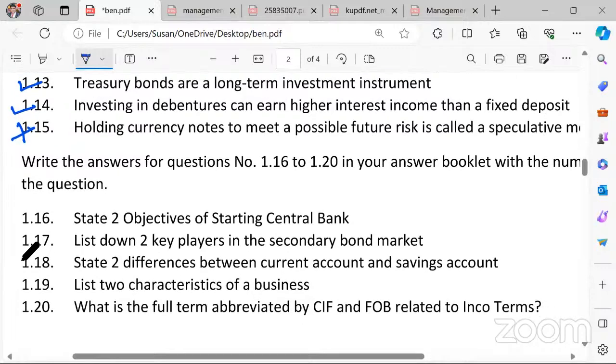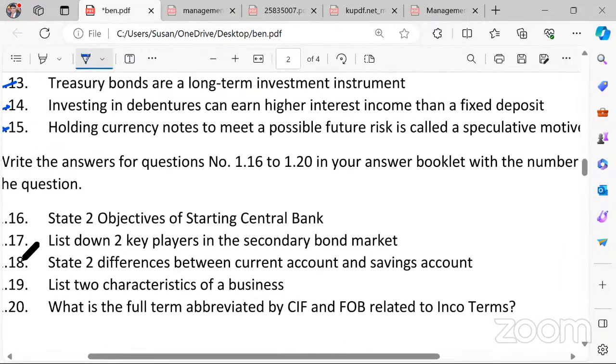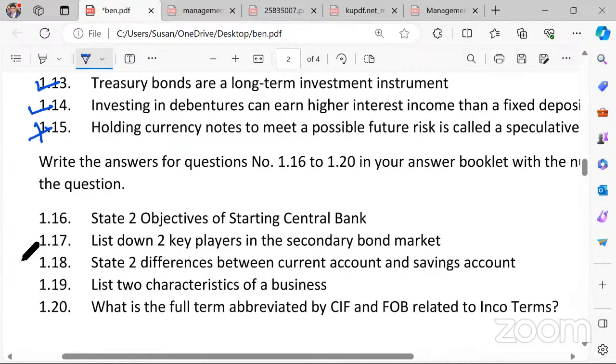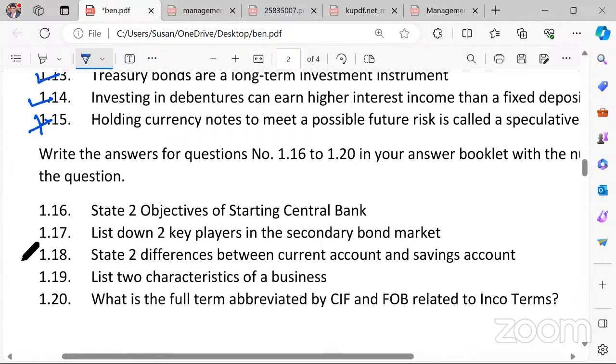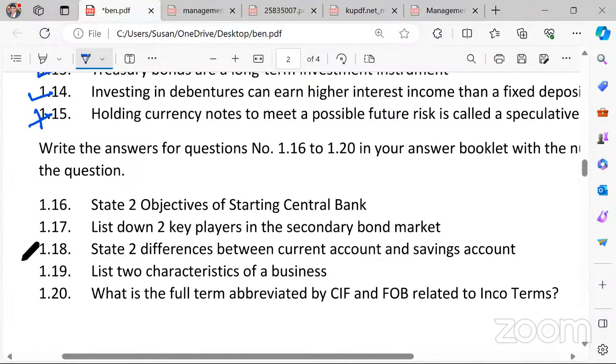Write the answer for question number 116 in the answer booklet. State 2 objectives of a central bank. You write it. Only 2, no? Can you write this?